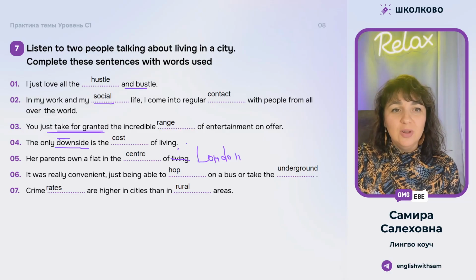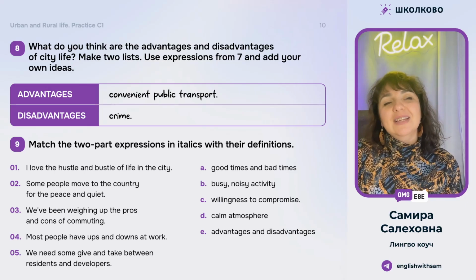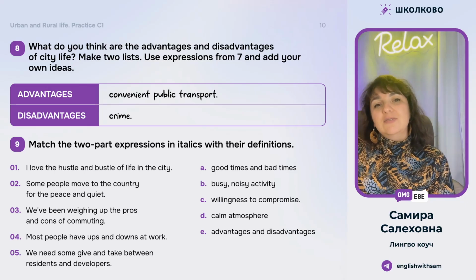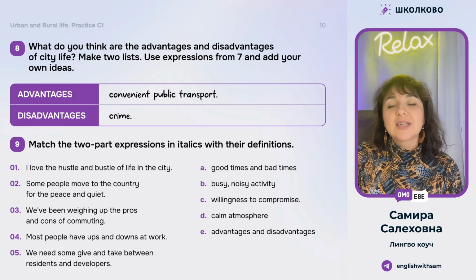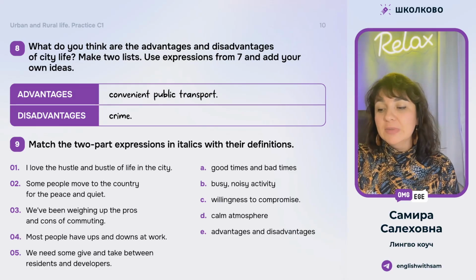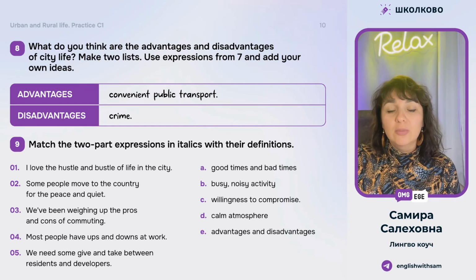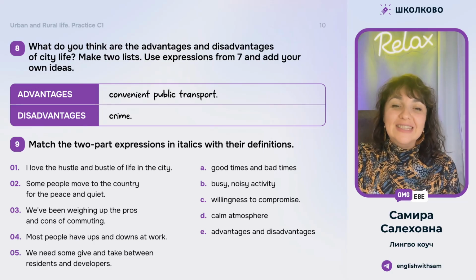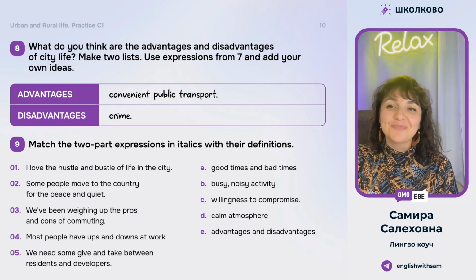Так, хорошо, ну давайте продолжим дальше. Okay, so let's think about advantages and disadvantages of city life. Could you please give me some hints, like your own ideas, maybe, or maybe the ones we've heard today, or we've seen today, we've read today during our lesson.